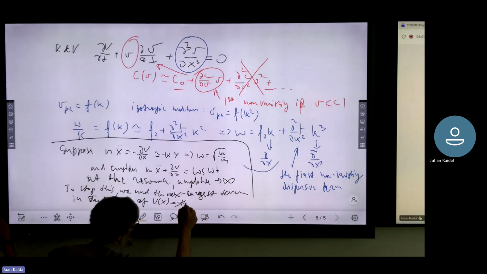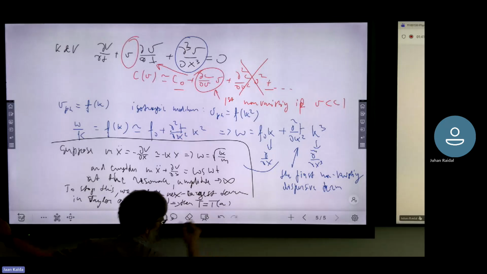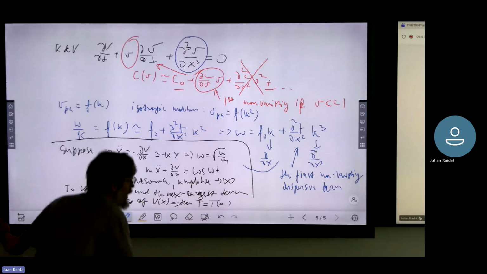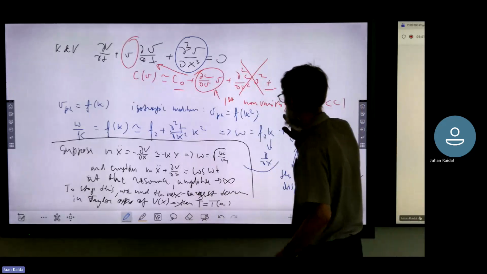Then the period becomes a function of amplitude, like in the homework. And so this shifts away from resonance.